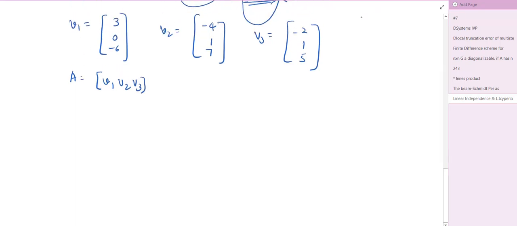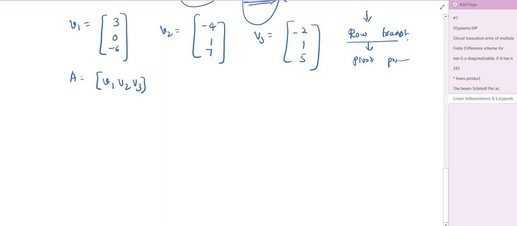There are many ways to find linear independency. We do the row transformation, and once you reduce it to RREF form, if every column has a pivot position, then we say that it is linearly independent.